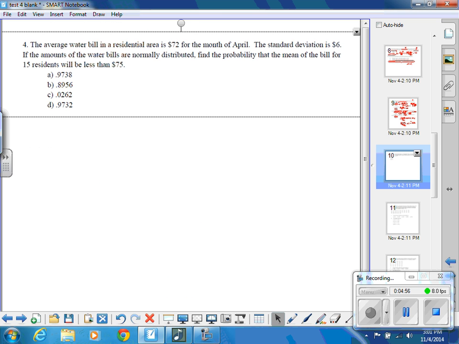Now, last but not least for this section is number 4. So going ahead and doing this, it says the average water bill is 72, x bar, standard deviation, sigma, is 6. Normally distributed, 15 is my n, less than 75, that's my test. 75 minus 72, all over 6 over the square root of 15.